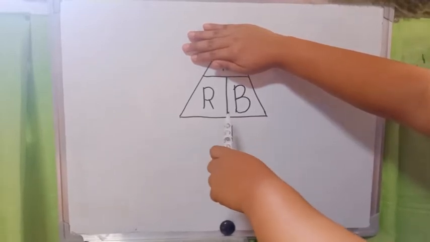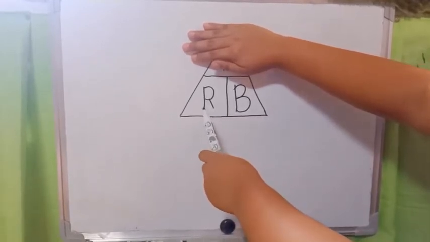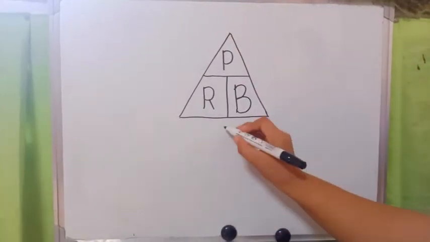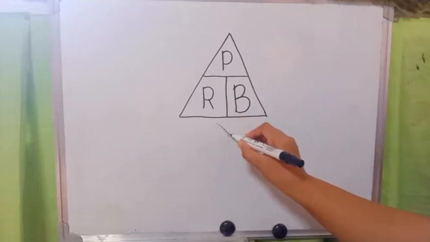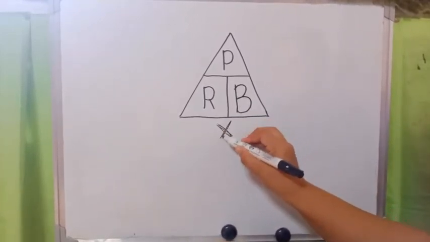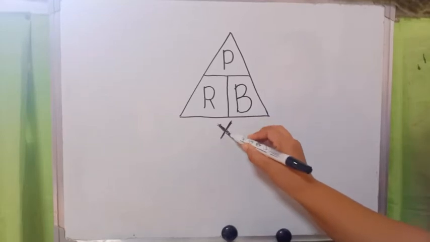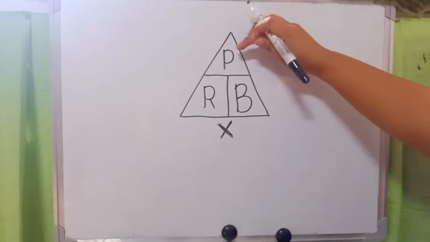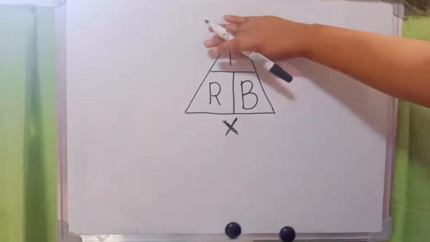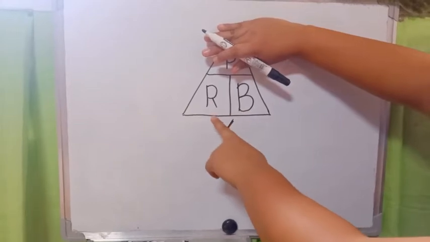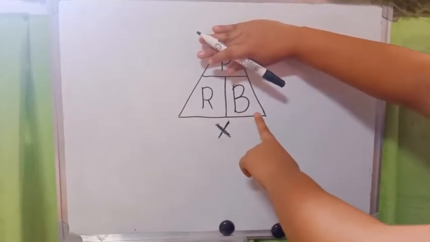So it means that we need to multiply the rate times the base. Again, when your percentage is missing, just cover it, and the remaining are the rate and base. You just need to multiply rate times the base.